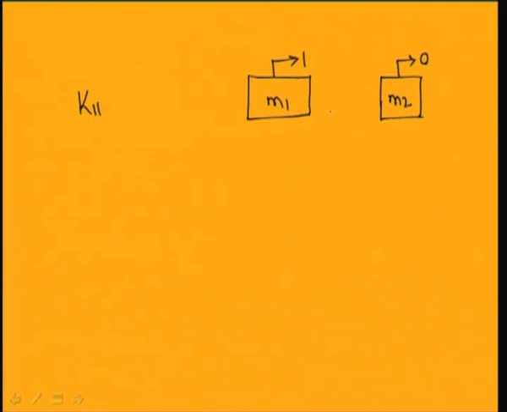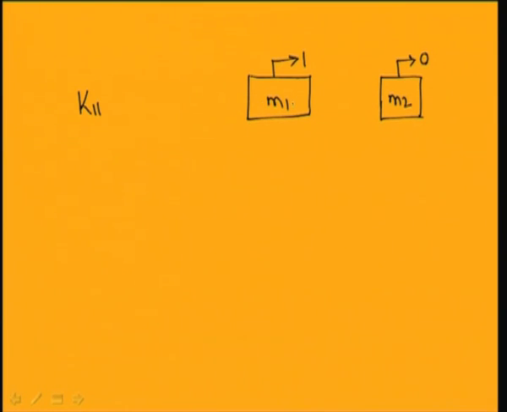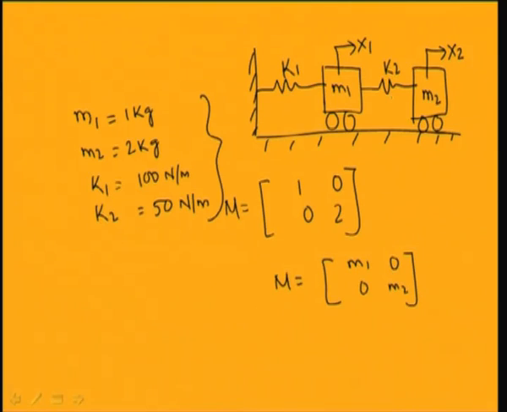So, for this case I can draw the free body diagram. According to the free body diagram, this is the mass M1. When it is moving a distance unity, the spring will exert a force of K1 in the opposite direction. And this right side spring, that is K2, when it is moving a unit distance towards right and there is no displacement of x2, the spring K2 will be compressed by an amount unity.